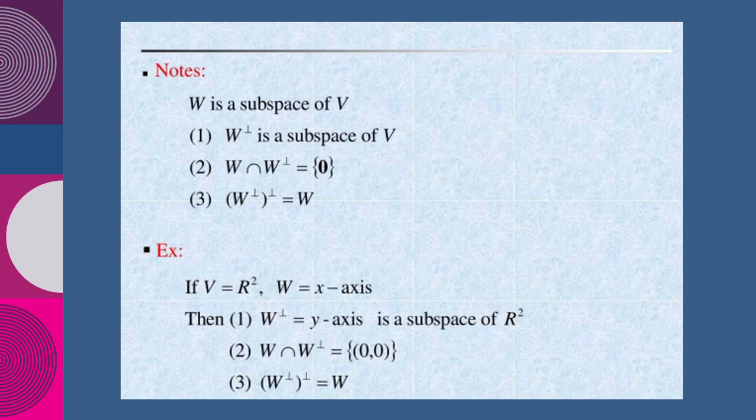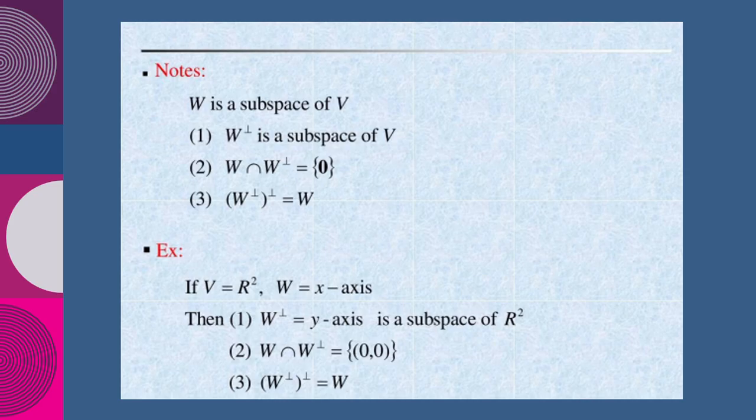Here are three more useful facts about W perp, where W is a subspace of V. First, W perp is itself also a subspace of V. Second, W and W perp only share one common vector, the zero vector.